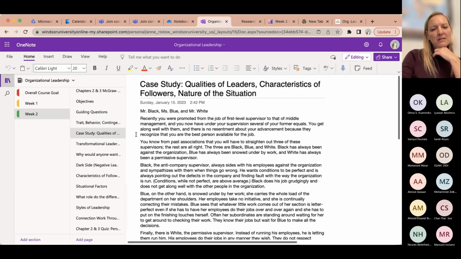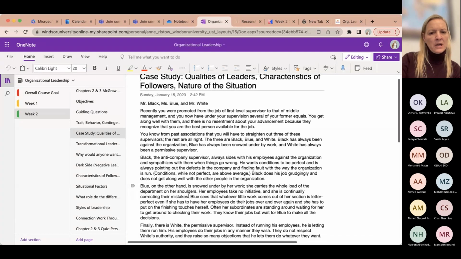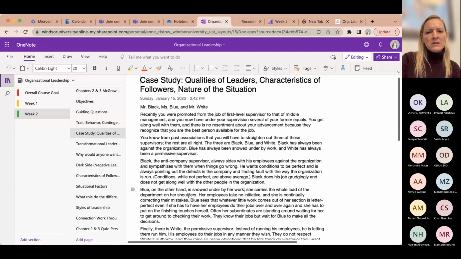The case study in the textbook I found really intriguing and thought it would be a great conversation. We're not going to be able to do it in breakout groups like I had hoped because I am logged in as a student. But I want to give you a moment to read it. You have access to it here in OneNote, and also in your textbook.